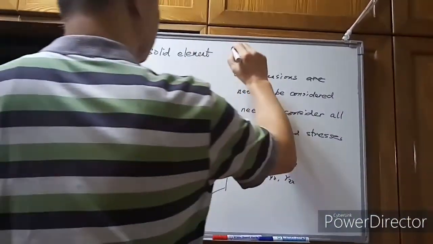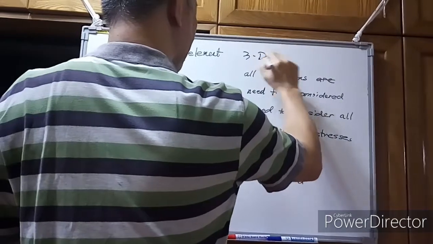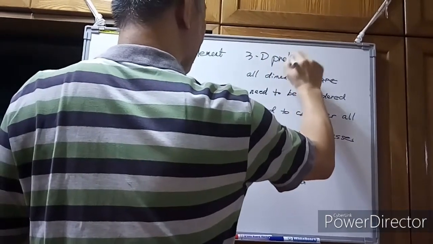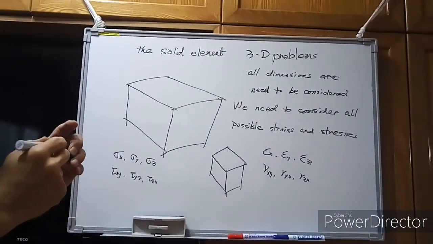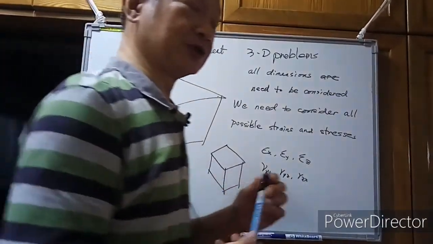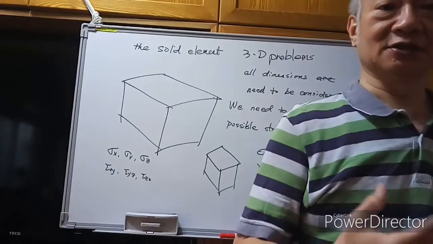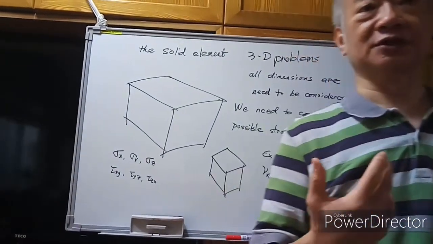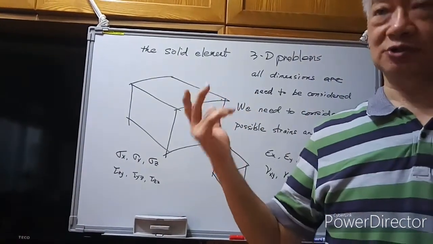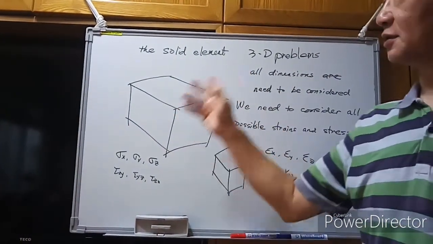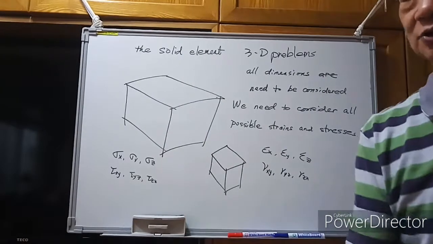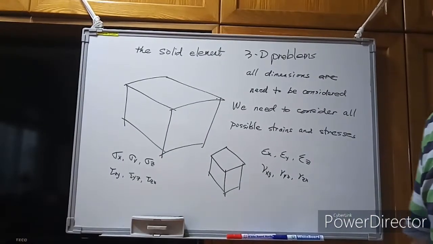So it is a 3D problem. Usually 2D or 3D represents the coordinate systems we need to use to describe all these things. And the solid element is a typical three-dimensional structural model.